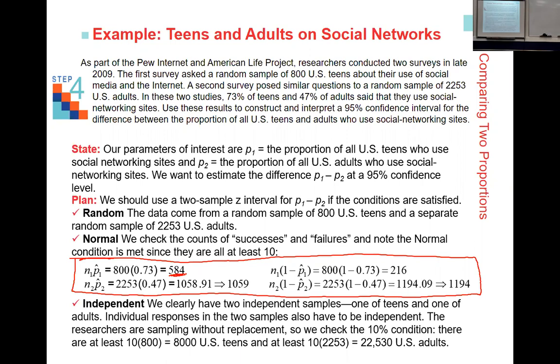How many did we have in the sample out of how many in total? And how many we had in the sample, we don't want to put our p hat, we want to put our number in the sample. So that's 584 for our teens and 1,059 for our adults is the number of them that use social media. So that's what we're going to put in when we go to put these in the calculator.